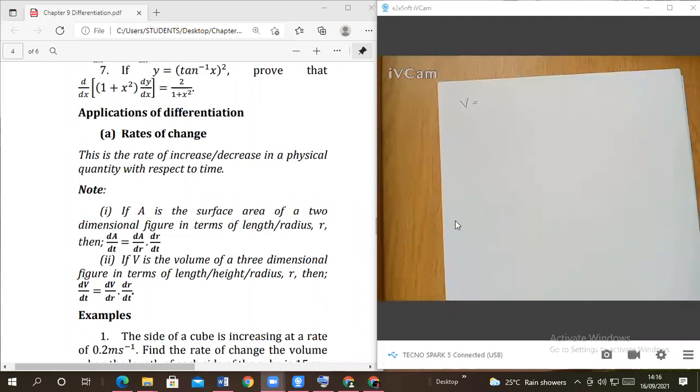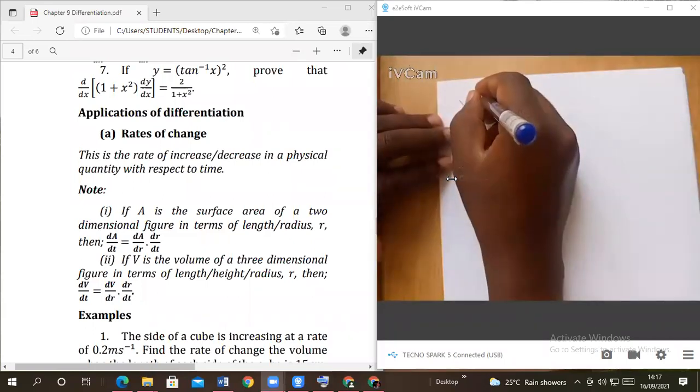Annette, volume of a cone. Unmute and give me the formula. Talemwa. What is the formula that we use to find the volume?